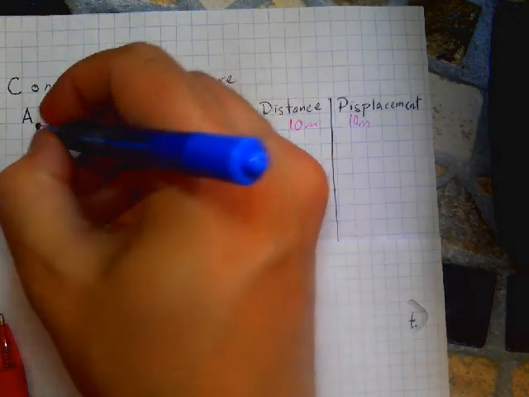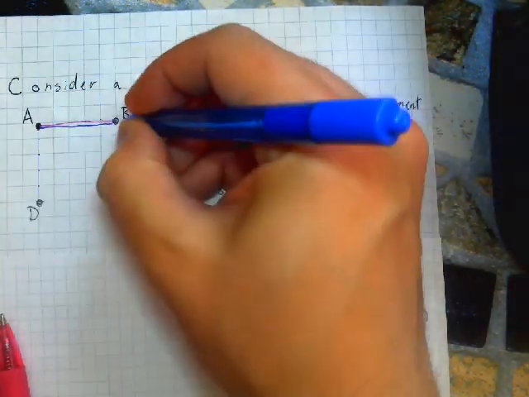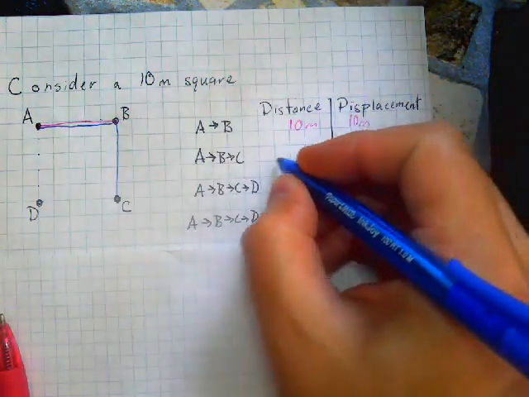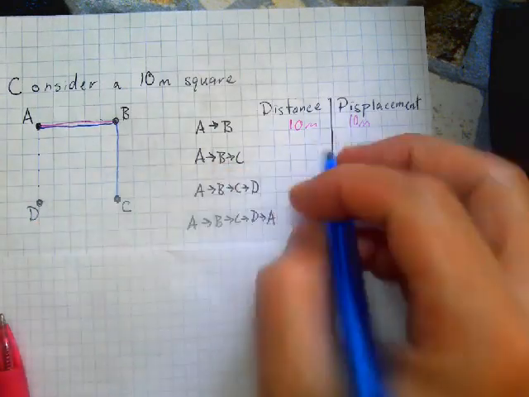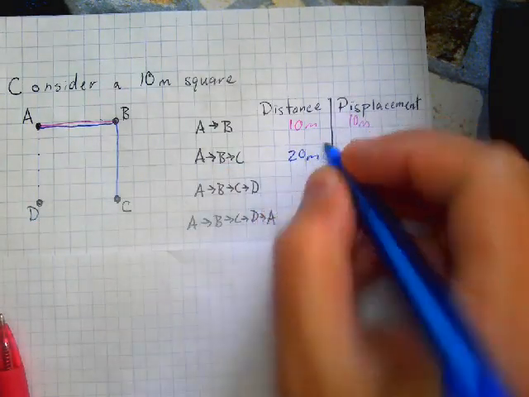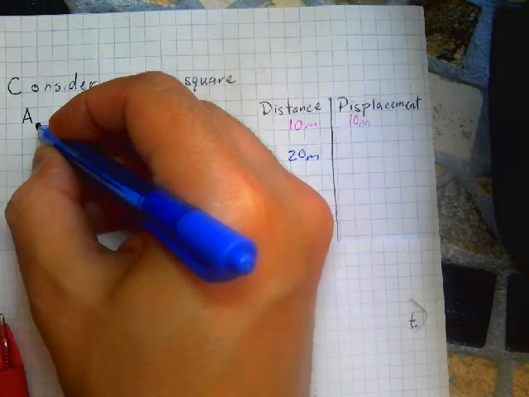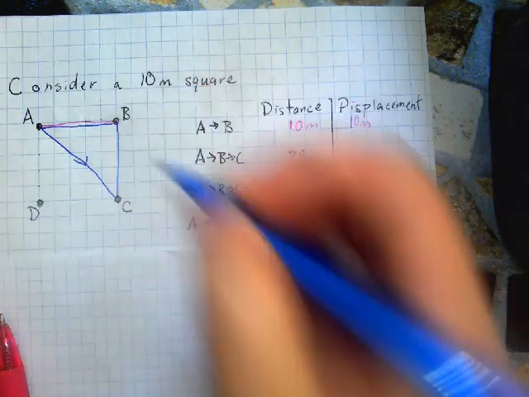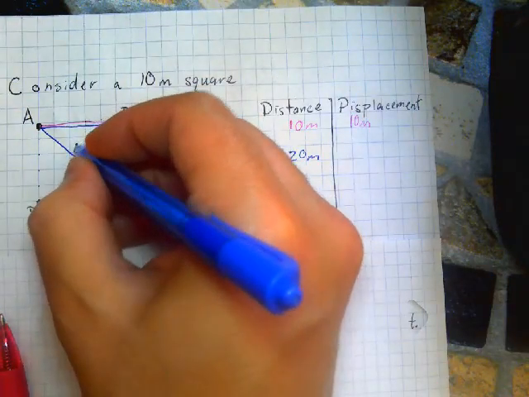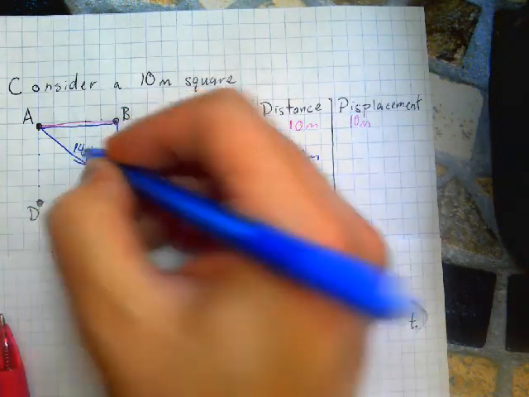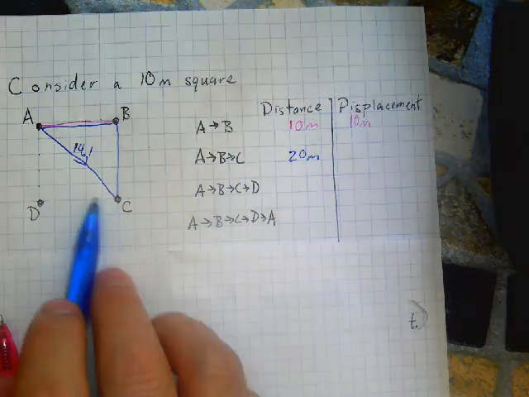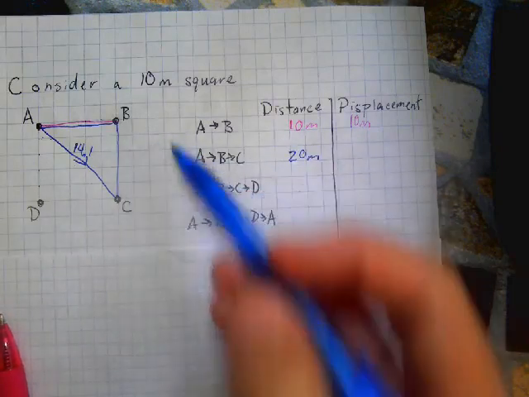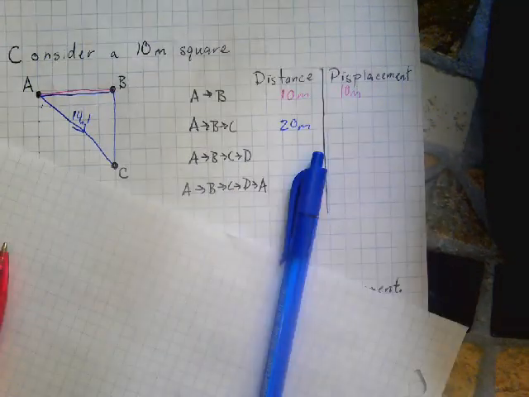Now, if I go from A to B to C, now my distance would be 10 plus 10, which is 20 meters. But oh my goodness, my kids. My displacement is going to be 14.1 meters. I get 14.1 meters because, if each one of these blocks is 2, I've got a little bit more than 7.